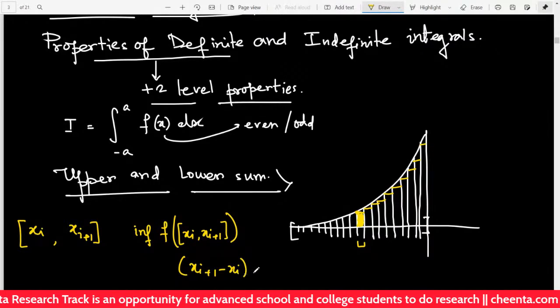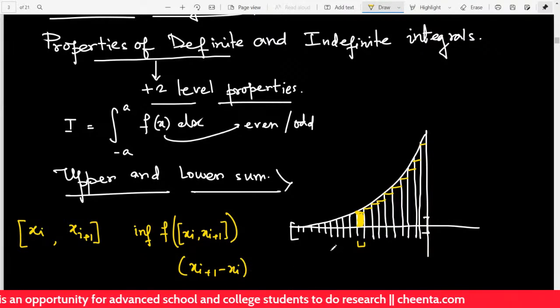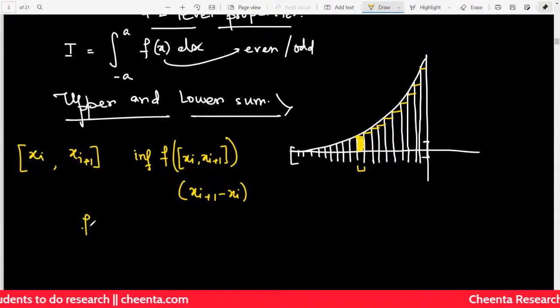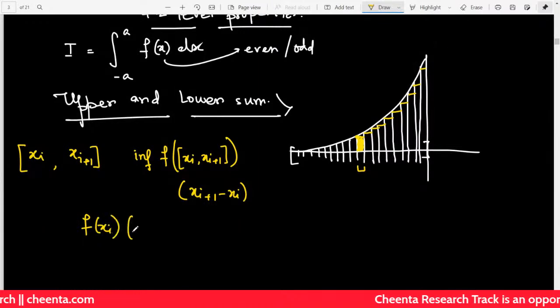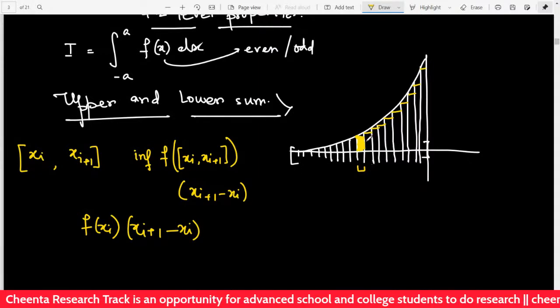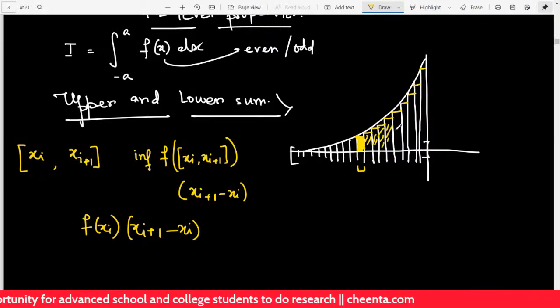That's exactly what we are doing. Do you see that? Because the infimum of f from x_i to x_(i+1) is nothing but f of x_i in this case. This is the area of this yellow rectangle, and that is how we are going to cover all these rectangles that are below the surface.